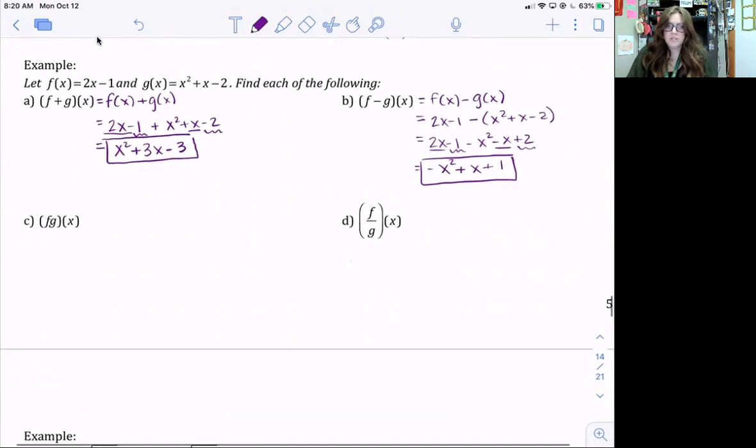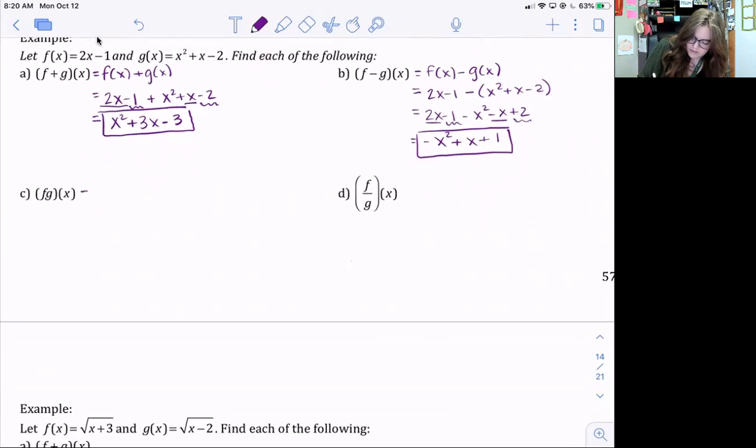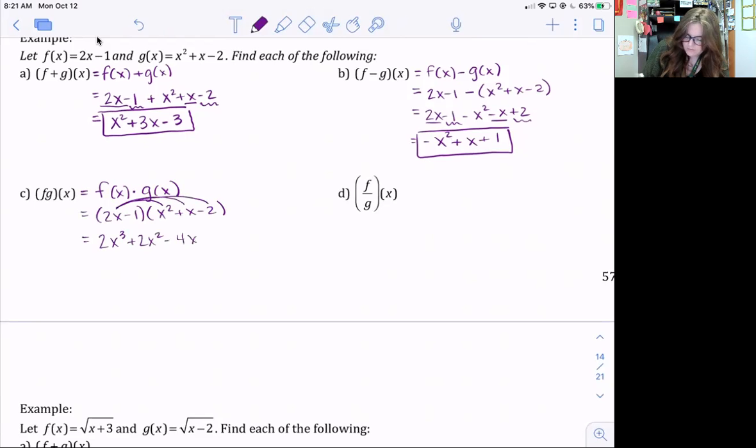Finding f times g of x tells us that we're multiplying f of x times g of x. So we have the quantity of 2x minus 1 times the quantity of x squared plus x minus 2. And now we're going to FOIL, distribute, long FOIL, however you want to think about it. So 2x times x squared is 2x cubed. 2x times x is 2x squared. 2x times negative 2 is a negative 4x.